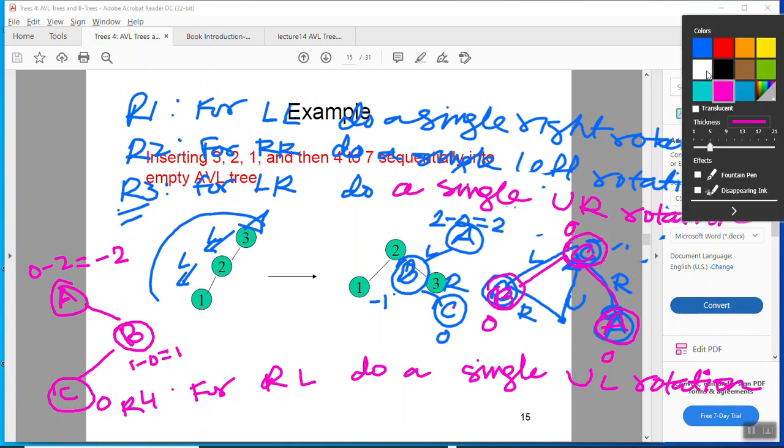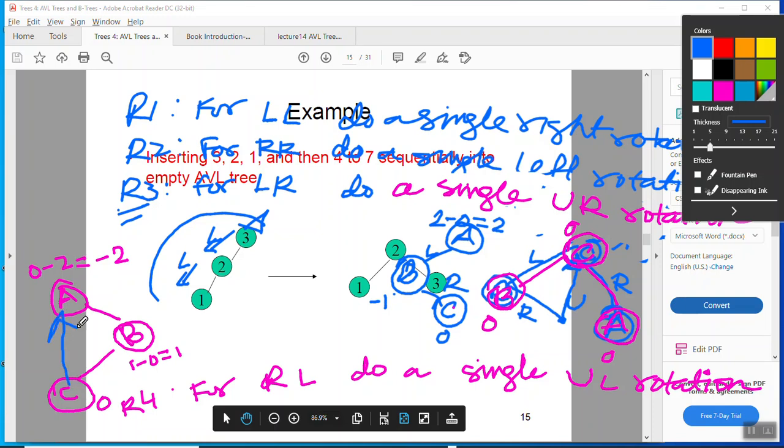Then follow my technique. I believe you like it. So go up, and then what was my original? My original was right and left, right? So then go up and left. C will go up and then left, up and left.